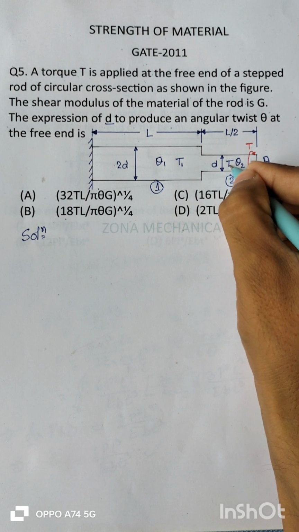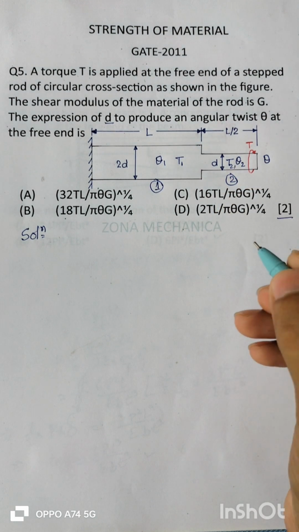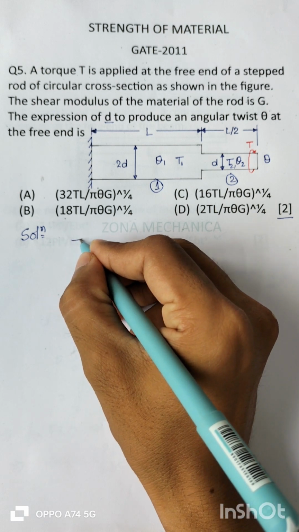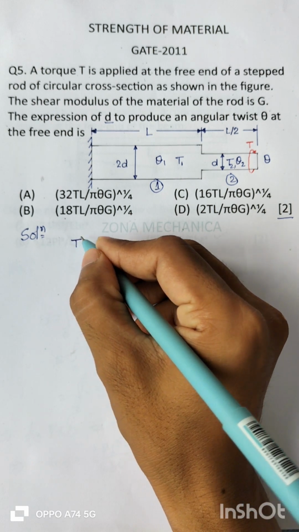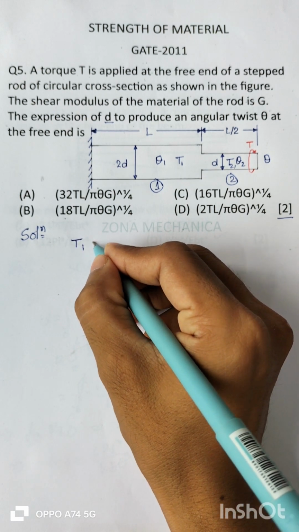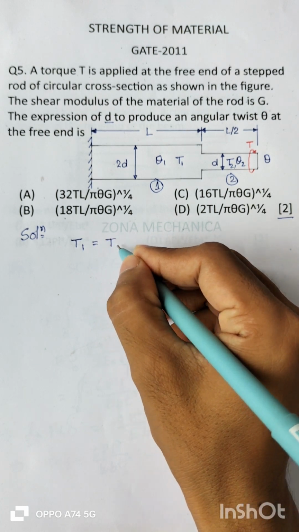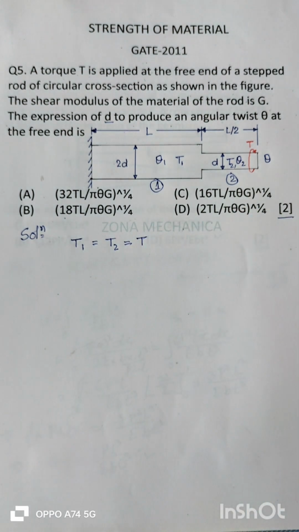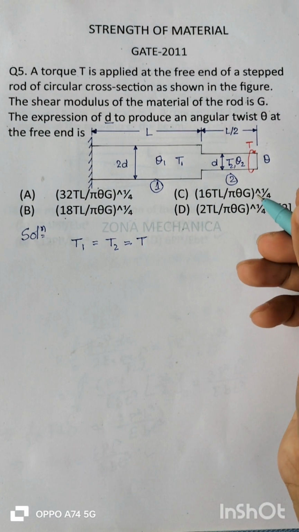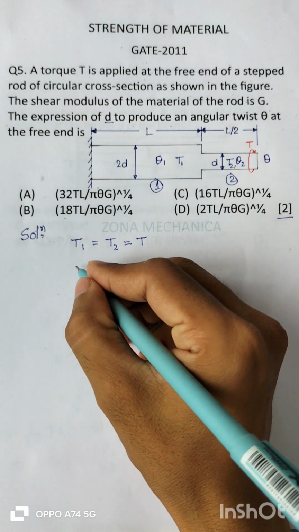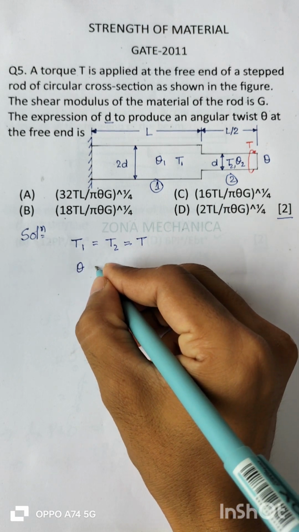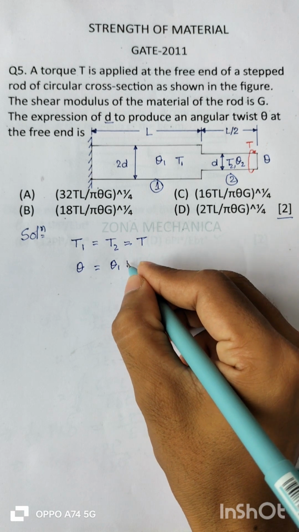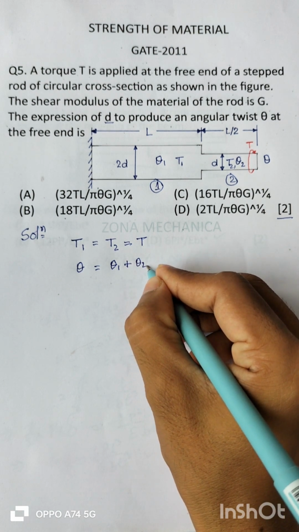Since this is a series connection, the torque will be the same in both the segments, that is T1 is equal to T2 is equal to T. And theta, the overall twist, will be equal to the summation of the individual twists of the 2 segments.